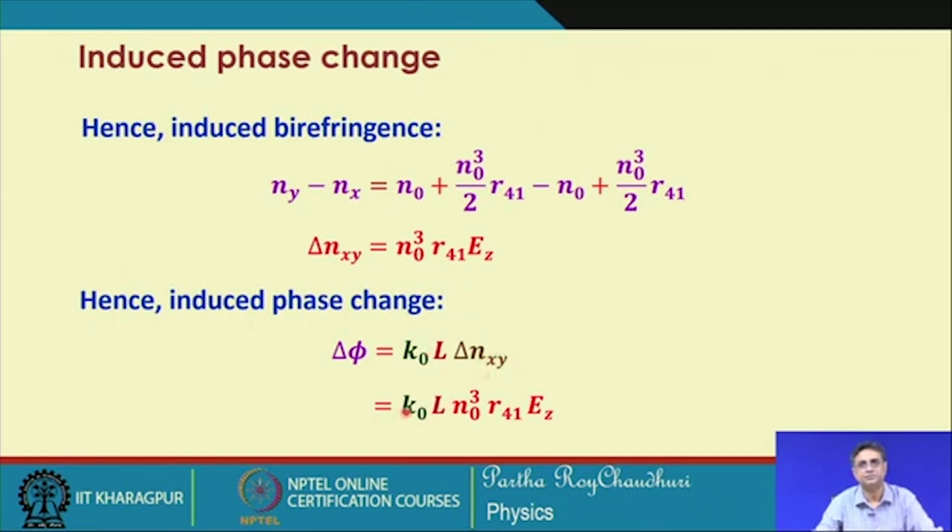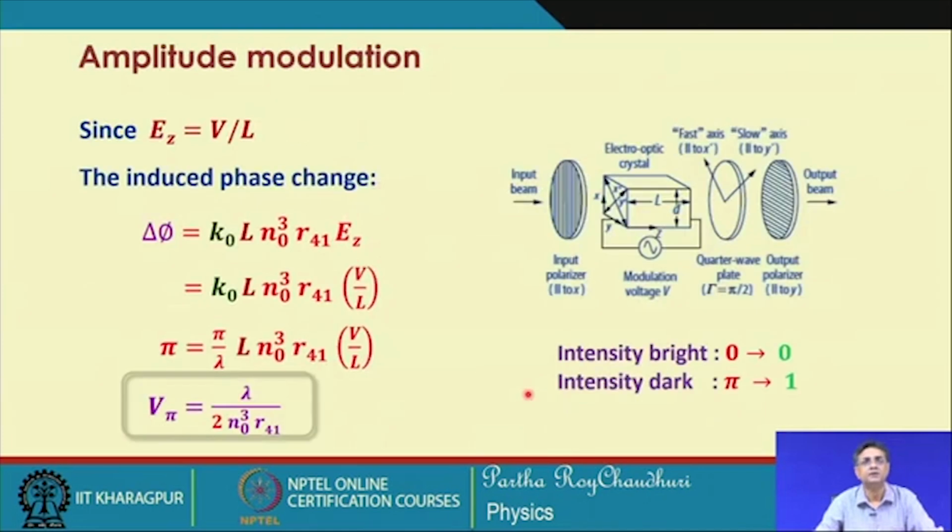As a result, you see that this birefringence is now proportional to the applied electric field, and we will see how it depends on the electric field. You can see that L and L this time also will cancel, because everything remains the same, only we had arranged the input polarization halfway between the x prime and y prime axis, and you have set an analyzer at the output which is crossed with the input.